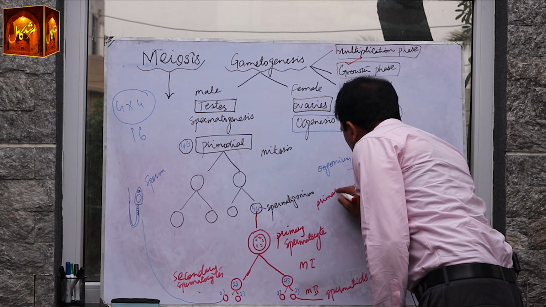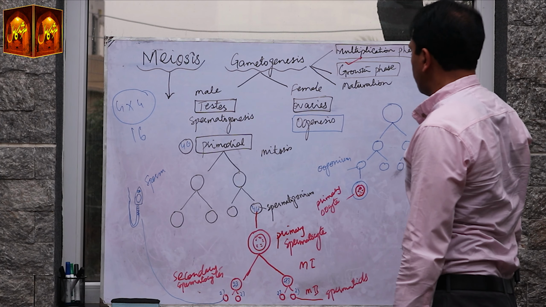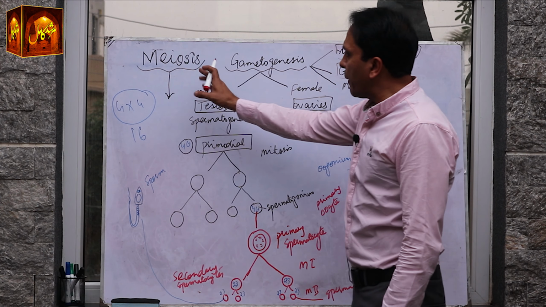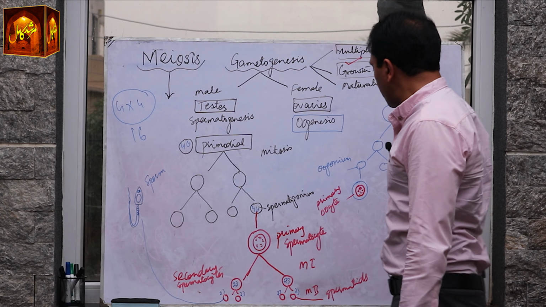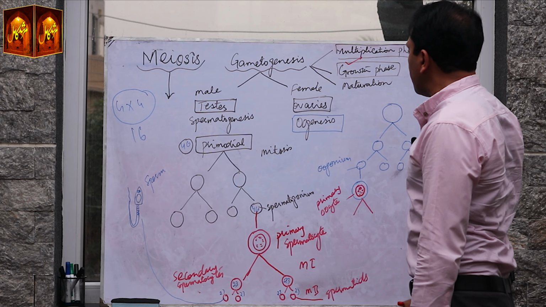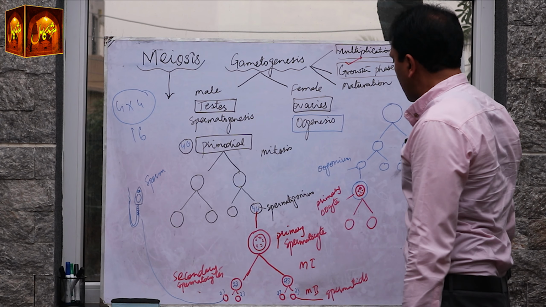It is called primary oocyte. From here, the process of meiosis again will start. It will divide this primary oocyte into 2 secondary oocytes.